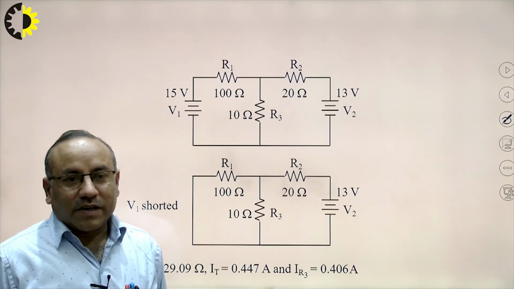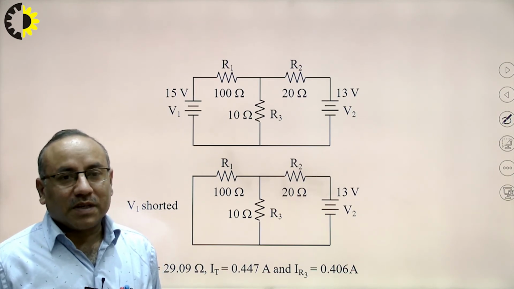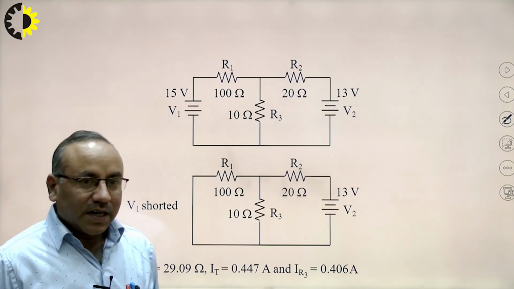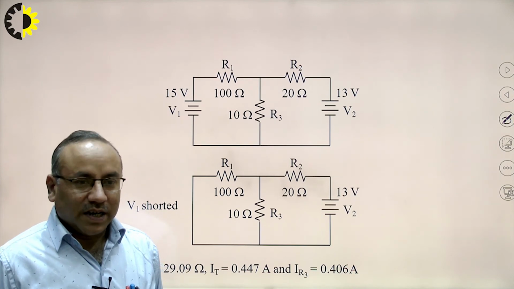So the equivalent resistance becomes R2 plus R1 into R3 upon R1 plus R3, or 20 plus 10 into 100 upon 10 plus 100.